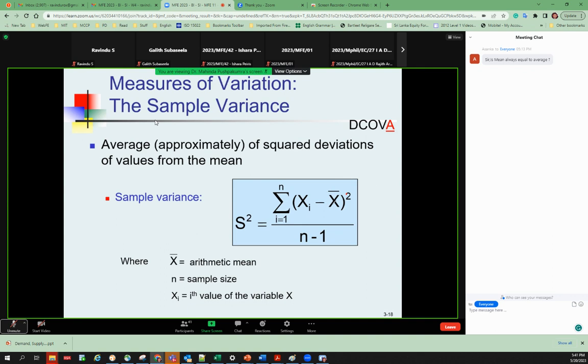When you take the difference between the mean value and the x value, some values are plus, that means some observations are above the mean, and some are below the mean, so they are minus. Then when you add plus and minus, it becomes 0. Then the variance would be 0, which is meaningless. That's why we take the square of this. When you take the square of this, then we have a value.